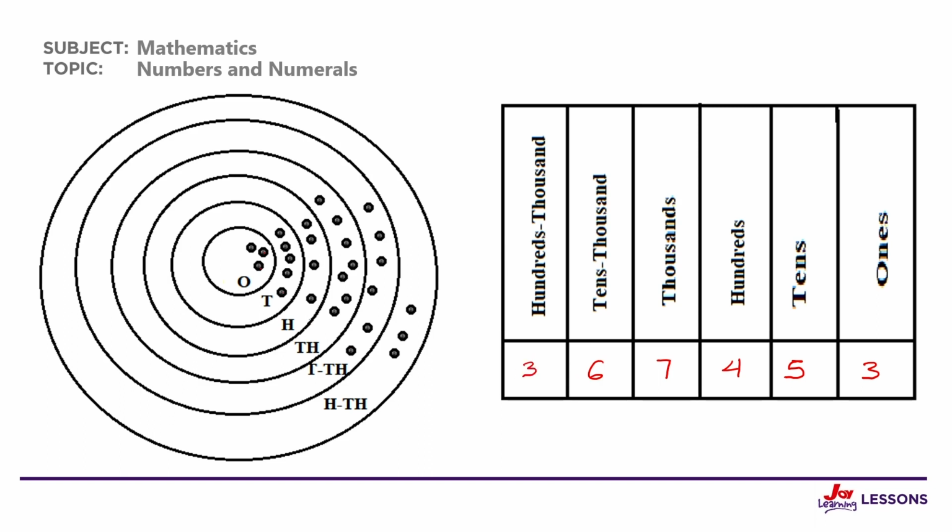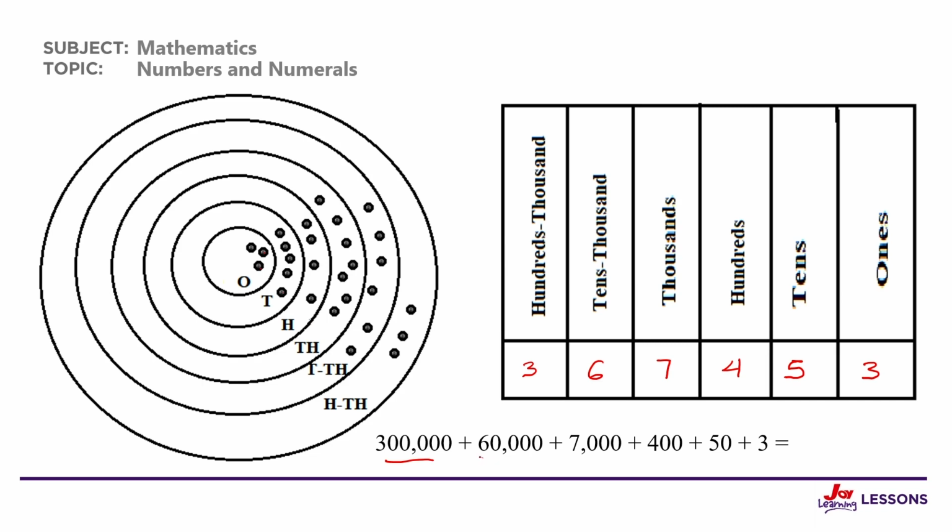So good. So what is the value of each of these numerals being written under it? So for the value, we are saying that for the hundreds of thousand, we have 3, which represents 300,000. So we have 300,000 over there. Then when you come to the tens of thousand, we have 6 of the marbles there.